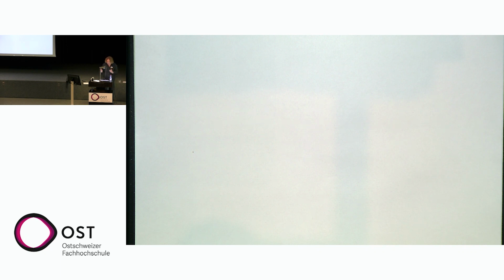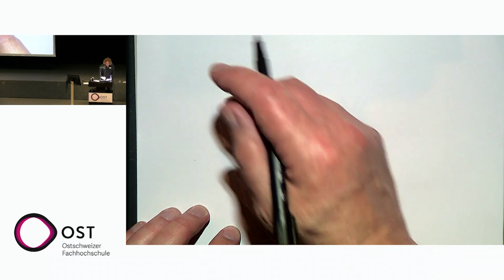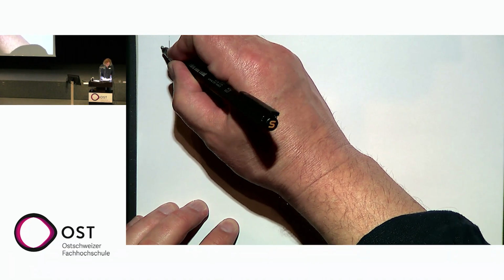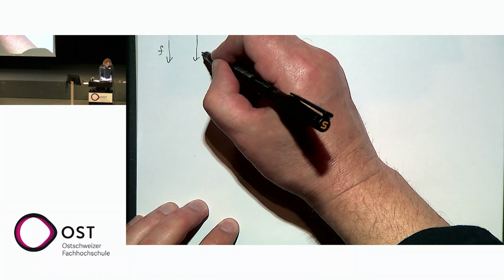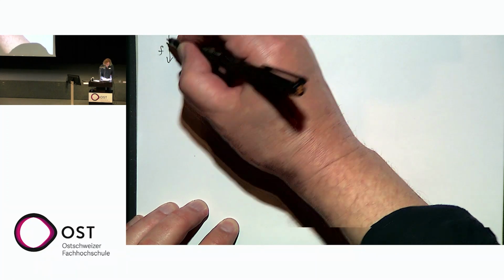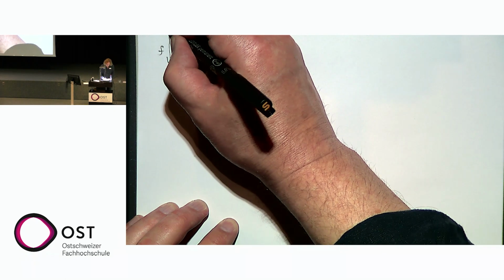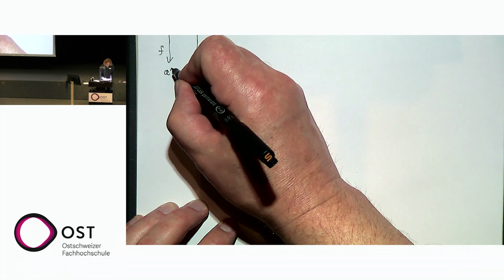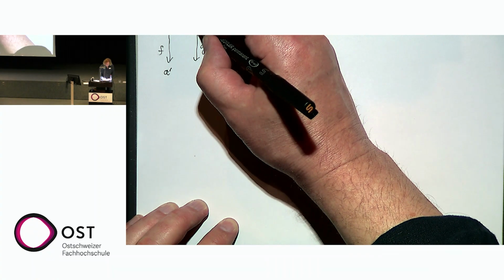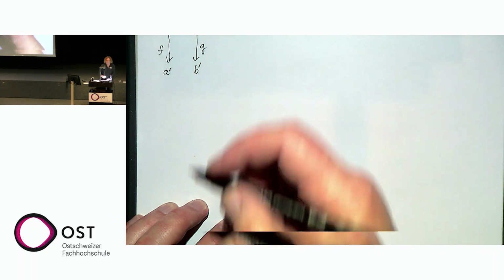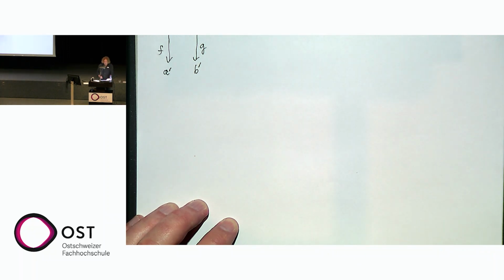So let's see exactly what it means. So we start with a pair of functions, f and g. I will be reusing these names, f and g, all the time. So we have a function from A to some A prime, and we have another function from B to B prime, okay? We have a pair of functions.